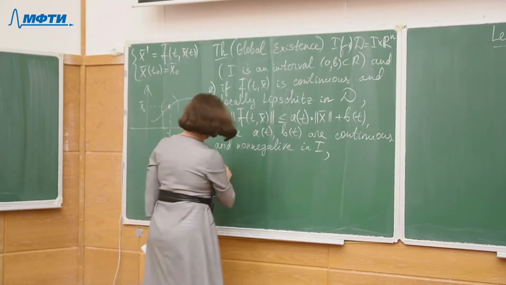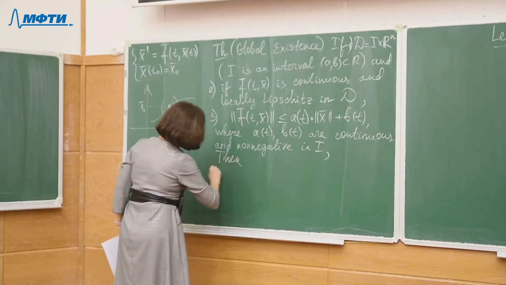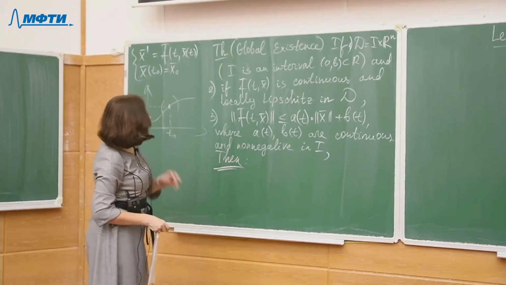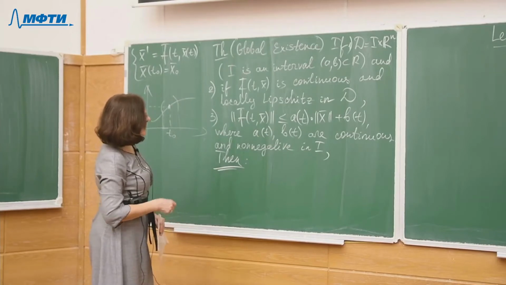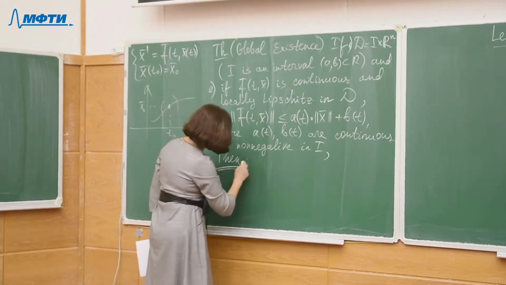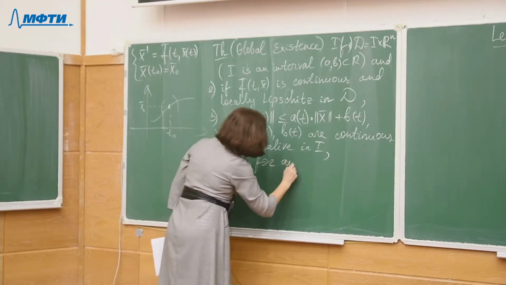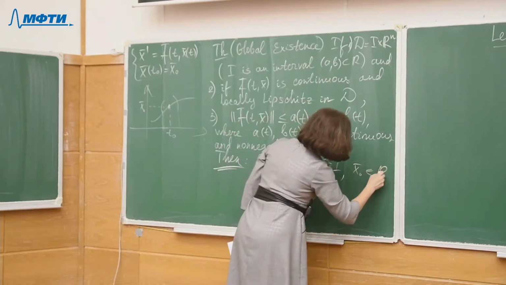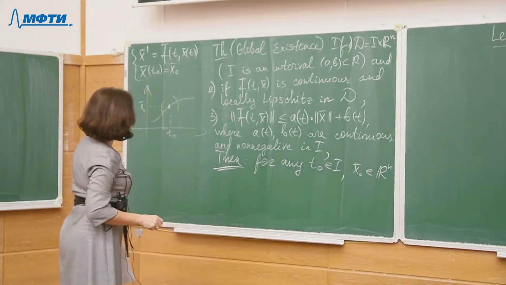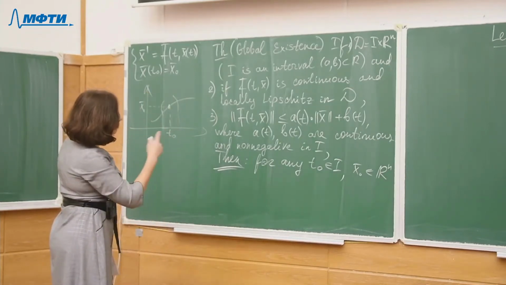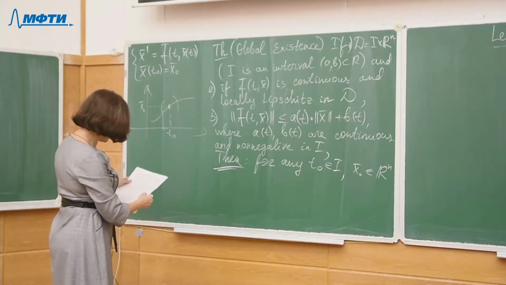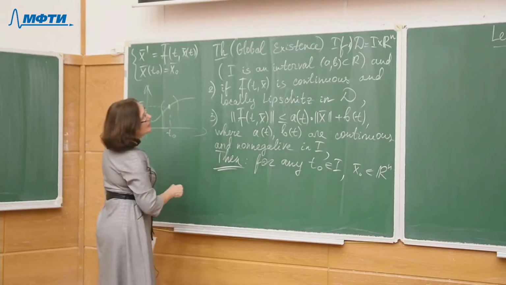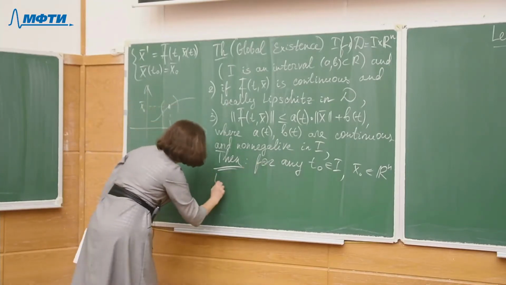So then for any t0 from I and x0 from R^n, the solution can be extended to the entire interval I. So the initial value problem has a unique solution in I. So, the initial value problem.